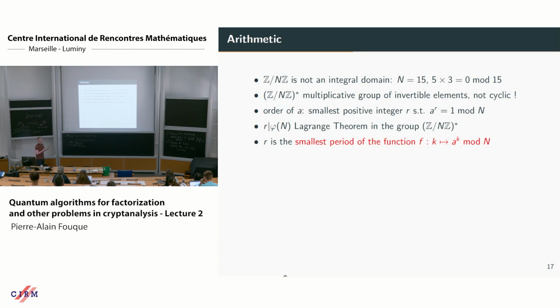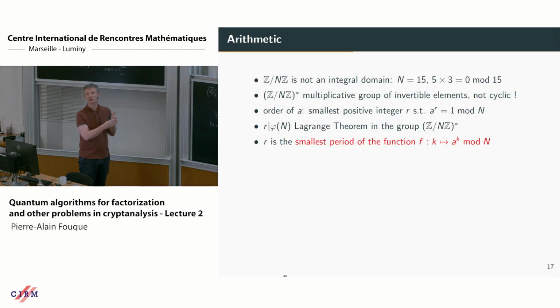However, you can take one element and look at the subgroup generated by this element. If you take a, for instance, and look at all the powers of a, so 1, a, a squared, etc., at some point you will go back to 1. This is not the little Fermat theorem, it's an extension of this theorem, which is called Euler's theorem.